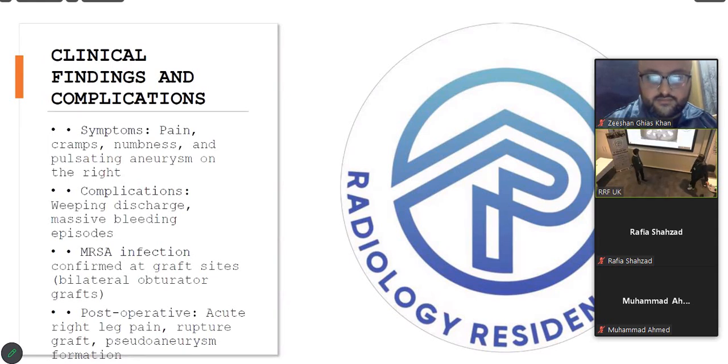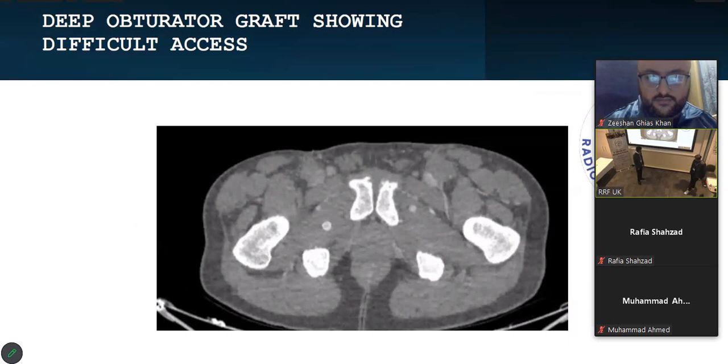In this image, we can see that the graft has difficult access, being located in the obturator internus muscle. When the images were reviewed, the question was, firstly, which approach to take, antegrade or retrograde, and secondly, the best method to keep the patient in during the whole intervention procedure.